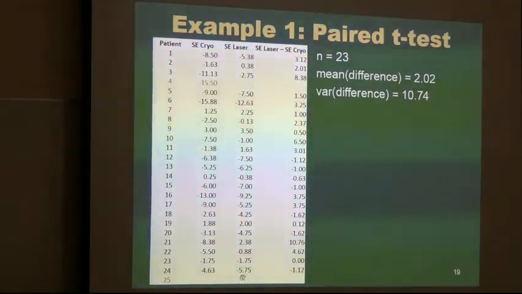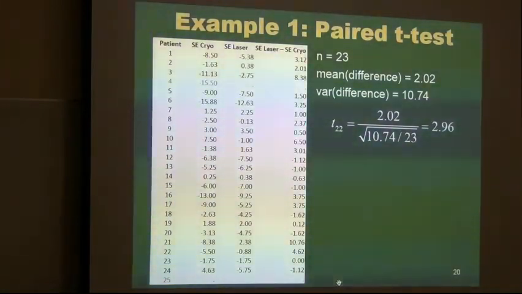Okay. There are ways for you to obtain or estimate the missing values, but that's not the focus of the talk. And so for the purpose of this example, we look at 23 patients with complete data. So the mean of that column is 2.02, and the variance of this column is 10.74.